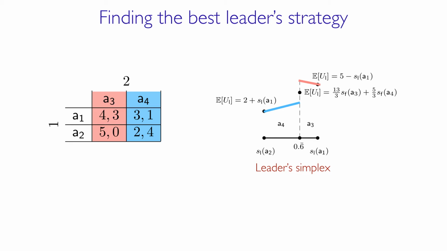This means that the follower has several ties, and the tie-breaking rule is crucial. If the follower ties are broken in favor of the leader, then the maximum is exactly at 2/3. Otherwise, the maximum does not exist, being 2/3 plus epsilon, where epsilon is an arbitrarily small, strictly positive value.